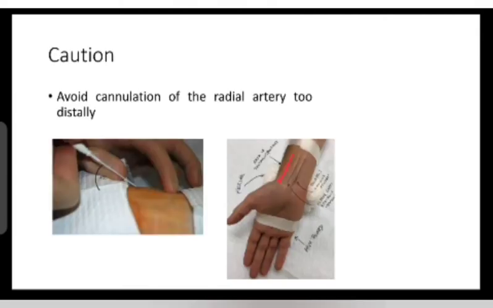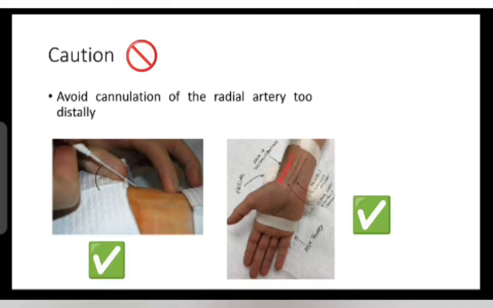Caution should be taken to avoid cannulation of radial artery too distally. The figures show the optimal position of the hand and the cannulation catheter, as well as the right area to go for while cannulating the radial artery.